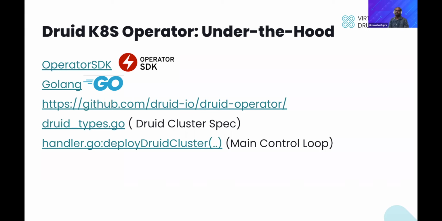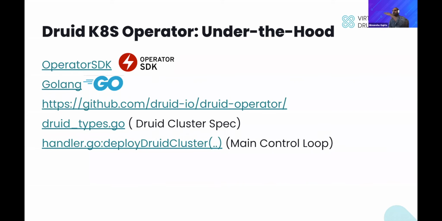Then in the Kubernetes ecosystem, Golang is the preferred language of development. So Druid operator is written in Golang for that reason, not because I don't like Java. I think Java is great, and so is Go. But it's just because the Kubernetes ecosystem has a lot of Go, so it makes sense to have that in Golang.